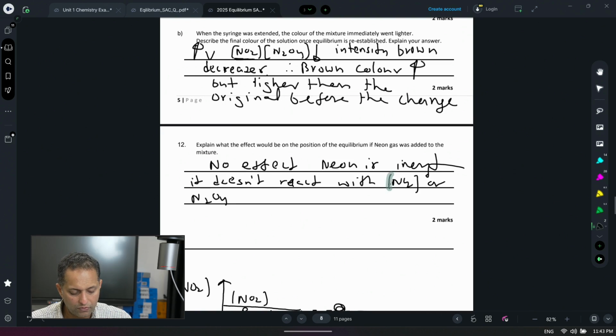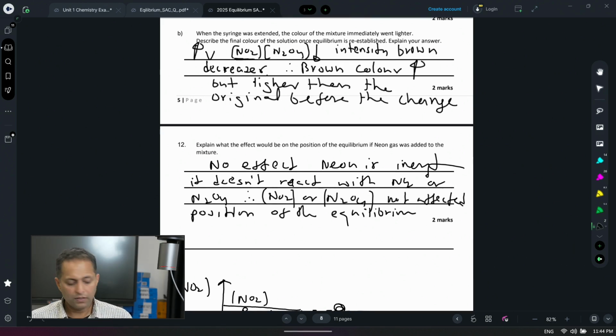So the concentration of NO2 or N2O4 is not affected. Concentration not affected means the position of the equilibrium is not changed.